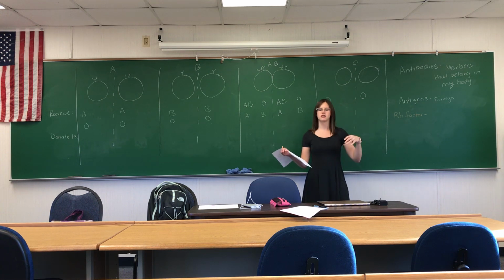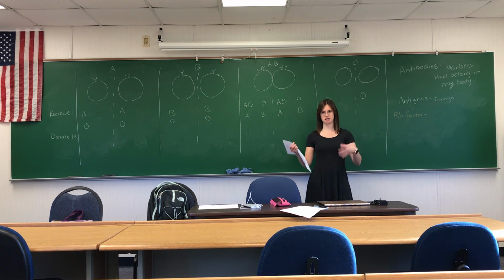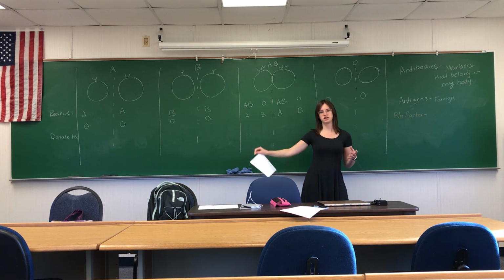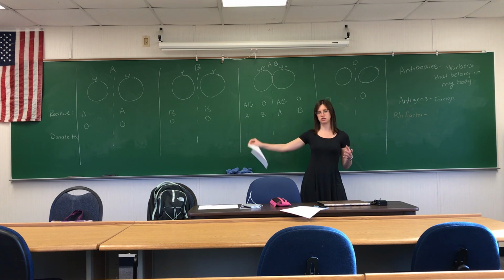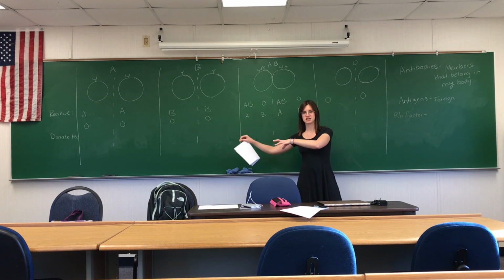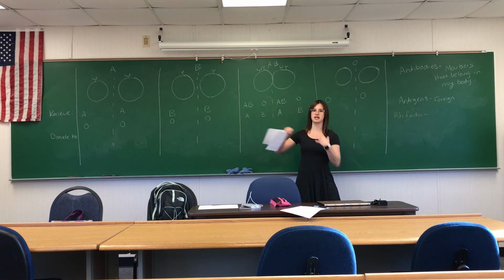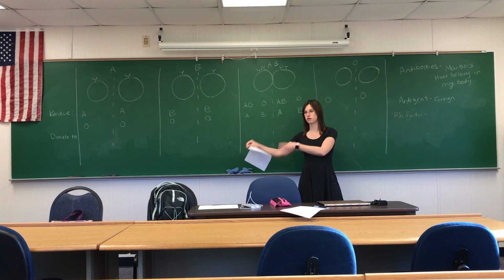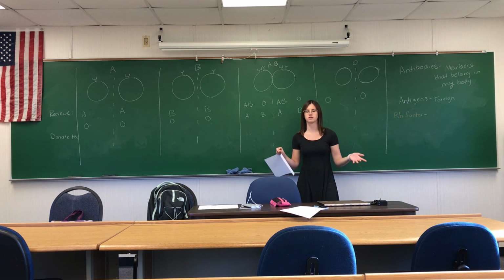So my blood has my antibodies, and someone else's, like Melissa's blood, has antibodies for Melissa, right? My antibodies are Melissa's antigens, and Melissa's antibodies are my antigens. So her antibodies are foreign to me, my antibodies are foreign to her. So it's all relative on who you're talking about.